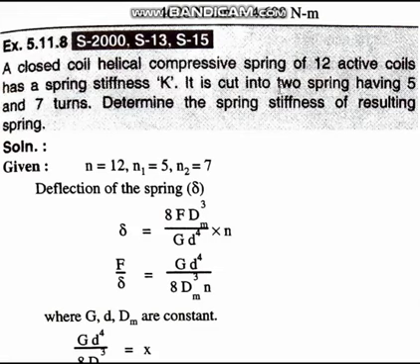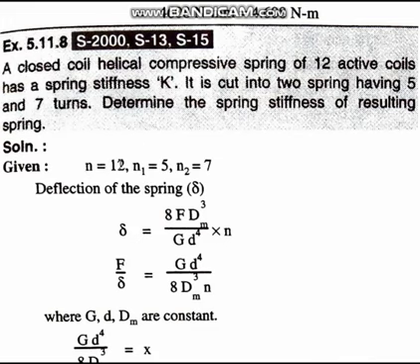Okay, it is cut into two springs having 5 turns and 7 turns. See, the 12 coil spring is cut into two springs, one is 5, another is 7. Determine the spring stiffness of the resulting springs. If the spring stiffness of the initial spring is K, what will be the spring stiffness of the resulting springs? Okay, let us see.